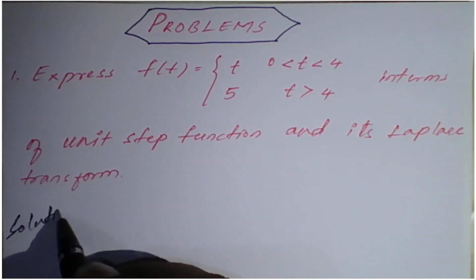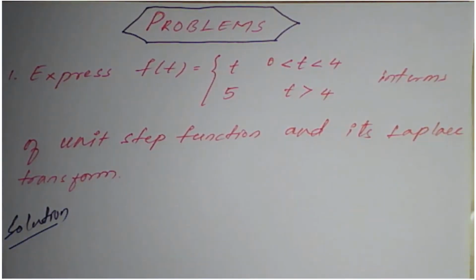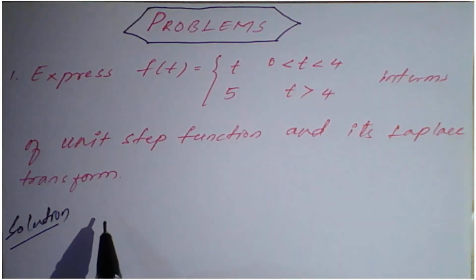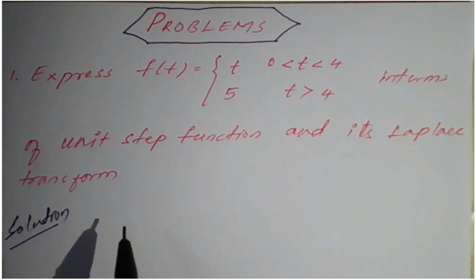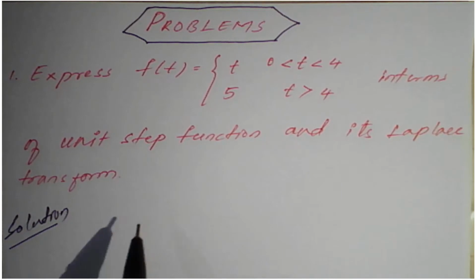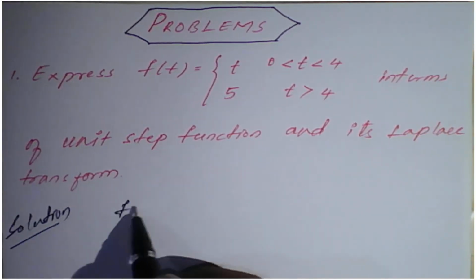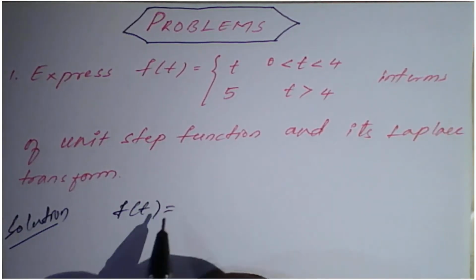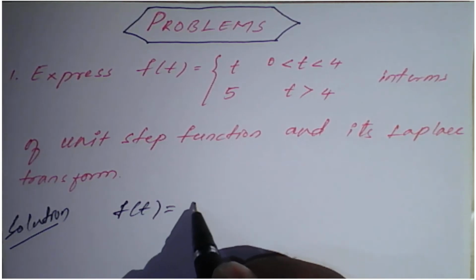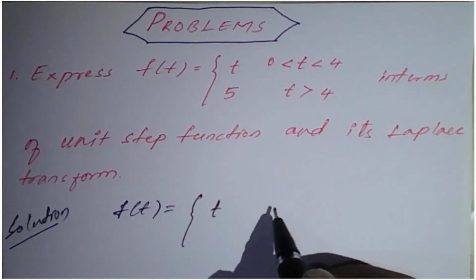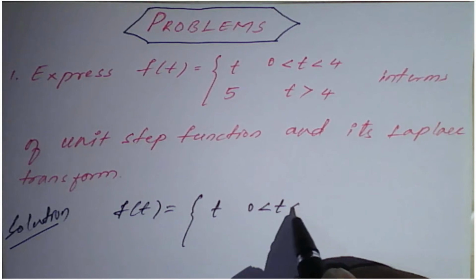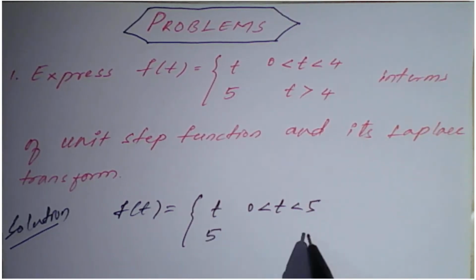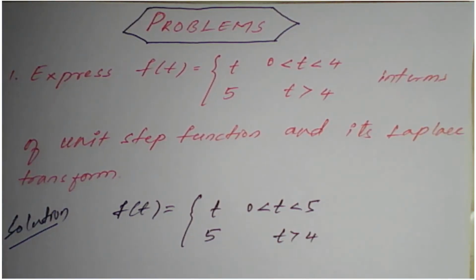This kind of example is nothing but type 2. Already I have given the steps for this. So the given question: f of t is given as t for t greater than 0 and less than 4, and pi where t is greater than 4.